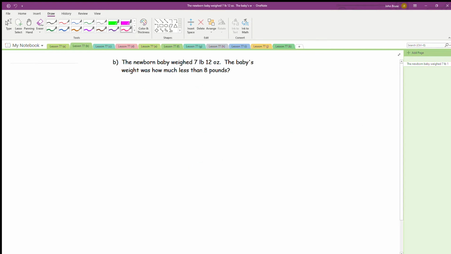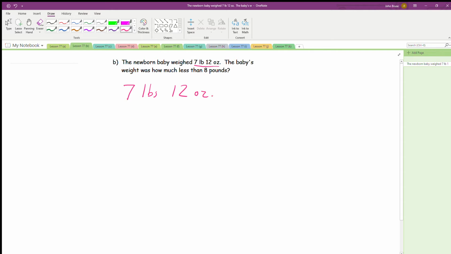B. The newborn baby weighed 7 pounds, 12 ounces. The baby's weight was how much less than 8 pounds? Well, let's write down the 7 pounds and 12 ounces.